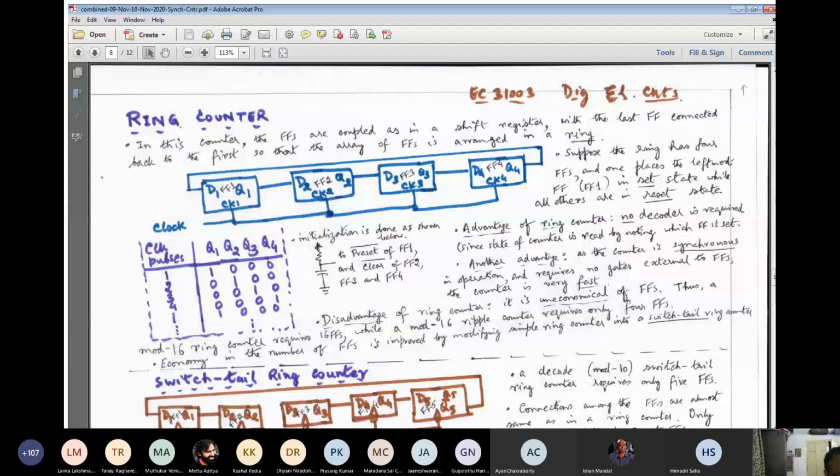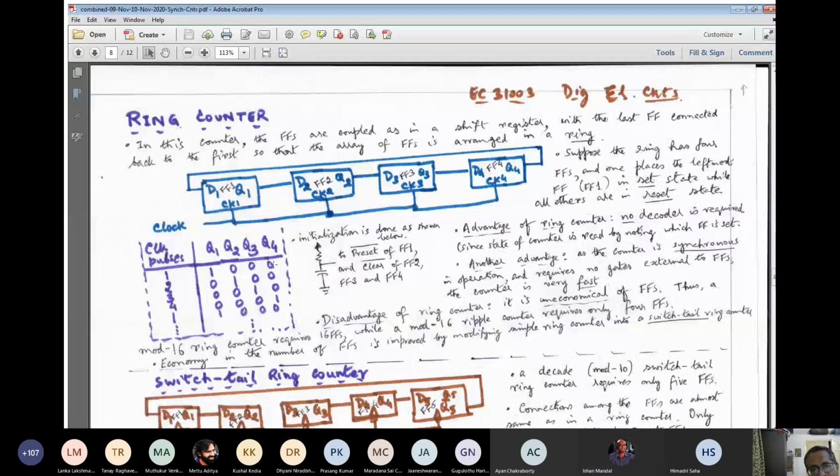If you feed this to the preset input of FF1 and the clear inputs of FF2 to FF4, then as soon as you switch on the circuit, this initial state will be accessed. So the ring counter will go to this initial state. Is it clear? I have just given you a small suggestion.